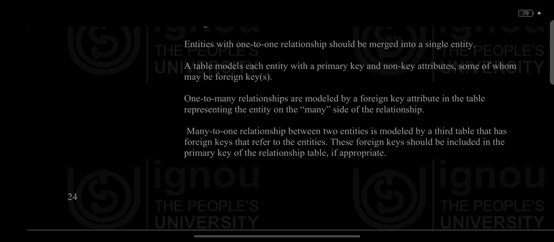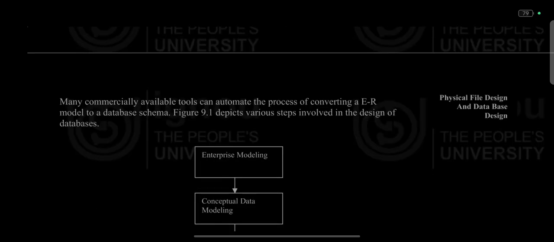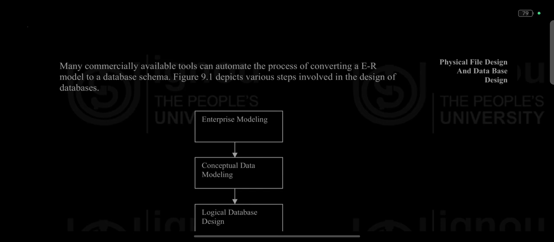Many-to-many relationship between two entities is modeled by a third table that has foreign keys that refer to the entities. These foreign keys should be included in the primary key of the relationship table if appropriate. Many commercially available tools can automate the process of converting an ER model to a database schema.